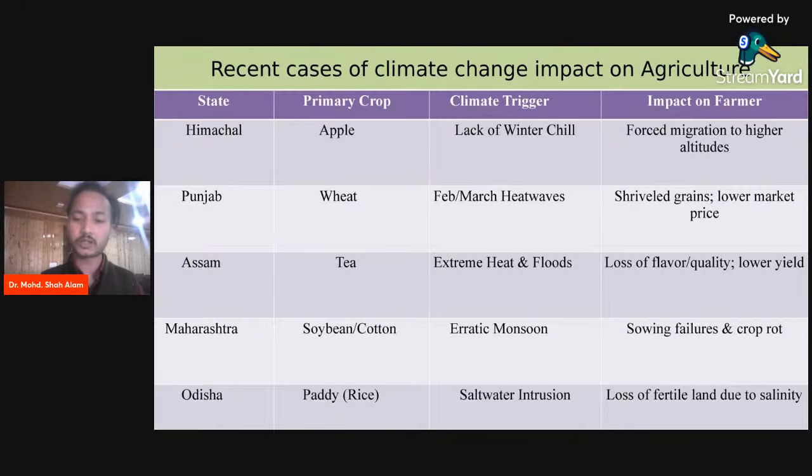Saltwater intrusion, saltwater accumulation in the soil, or seawater coming onto the land also triggers an impact of climate change on agriculture, causing loss of fertile land due to salinity.